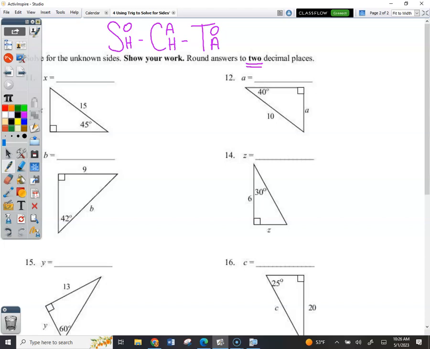The directions say solve for the unknown sides. This is where, remember, you label your triangle, and then you set up your trig ratio, and then you cross multiply the bottom of the fraction over, and sometimes you're ready to go to the calculator. Sometimes you have to divide.